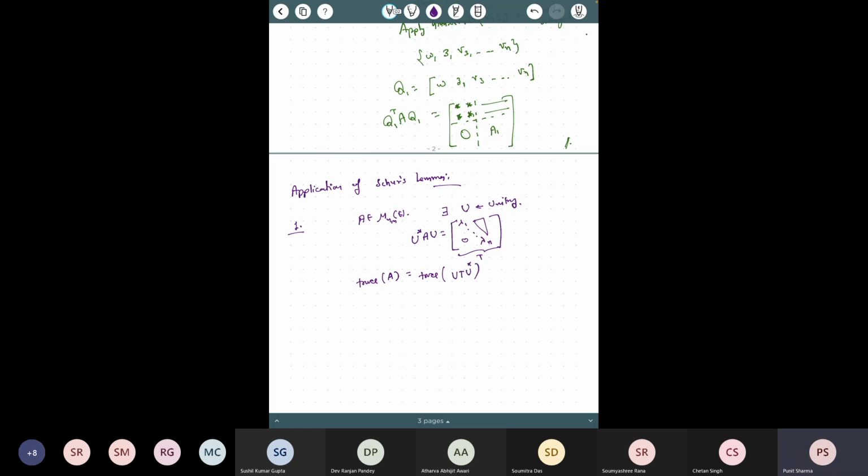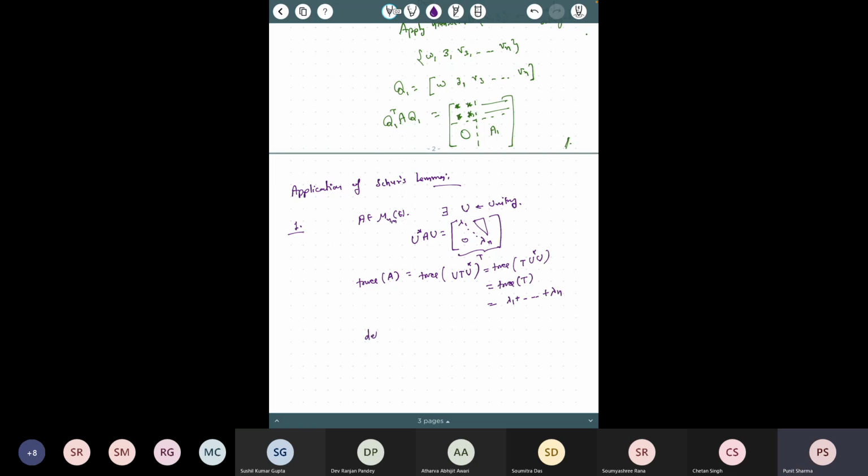Using the trace property, this is trace of T U star U, but U is unitary, so U star U is identity. So this is equal to trace of T, which is the sum of eigenvalues, lambda 1 to lambda n. So for a given matrix A, trace of A is the sum of eigenvalues.